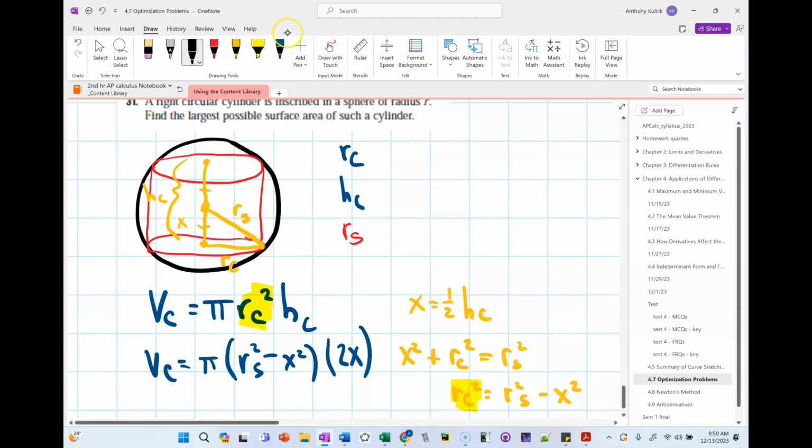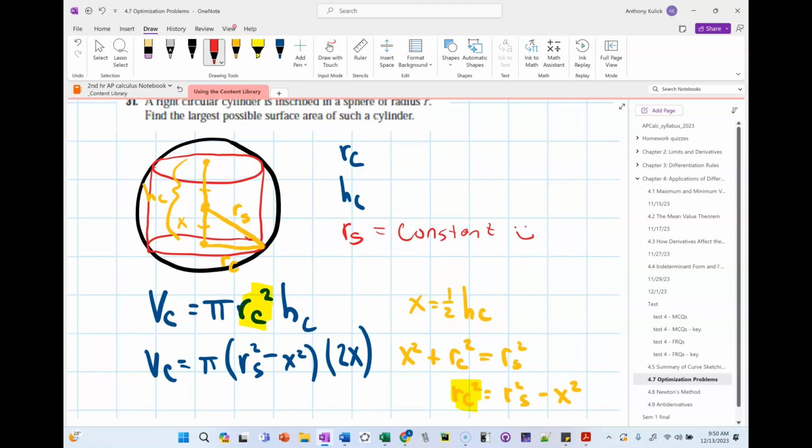The other nice part about this is that, what is RS in this situation? It's a constant, right? That's the radius of the sphere. That's going to be fixed, right? The cylinder is the thing that we're going to be shifting the dimensions of.